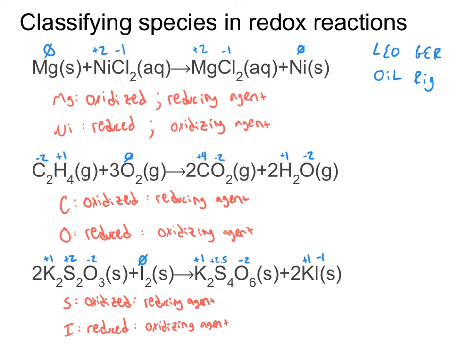Like I said, don't feel bad if this one did give you some trouble because of that 2.5 oxidation number from sulfur. Oxidation numbers do have to be whole numbers. However, we do get a fraction on this example just because of how the S4O6 ion is arranged.